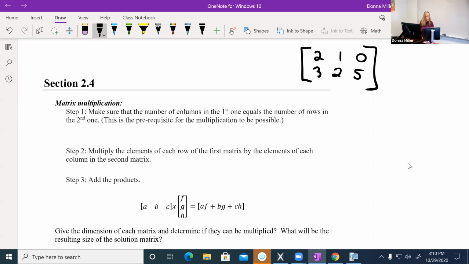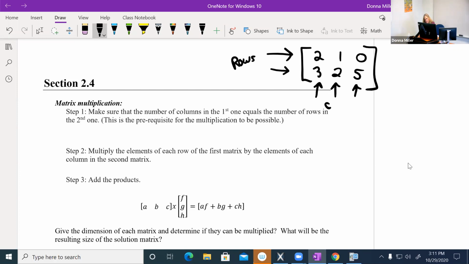Now, a matrix is just a table, and they define matrices by their size. When you read across the matrix, these are called rows. Rows go across, and columns go up and down. I think about columns of a building. Oops, I spelled columns wrong. Yeah, columns.